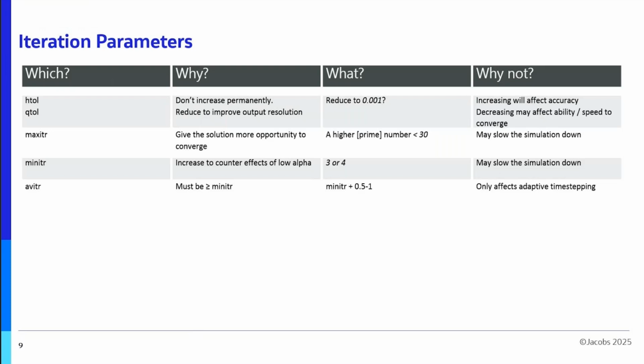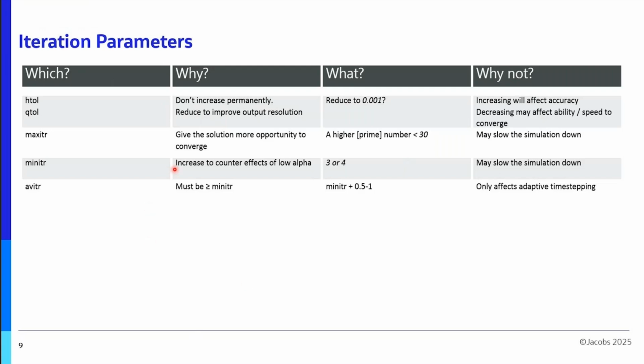The recommended value is 11, and you can increase this value, again giving the solution more opportunity to converge, but probably what would be recommended is not to exceed 30. So the next prime number would be 29.